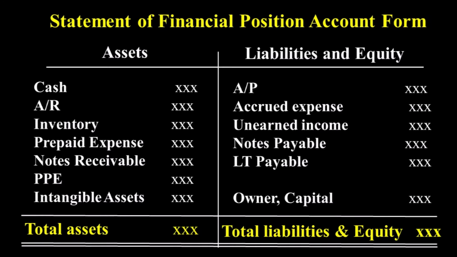And then on the right side, the liabilities and equity. We can see the account payable, accrued expense, unearned income, notes payable, then the long-term payable, and then the owner's capital or the equity, and then the sum of liabilities and equity. So they are shown side by side.